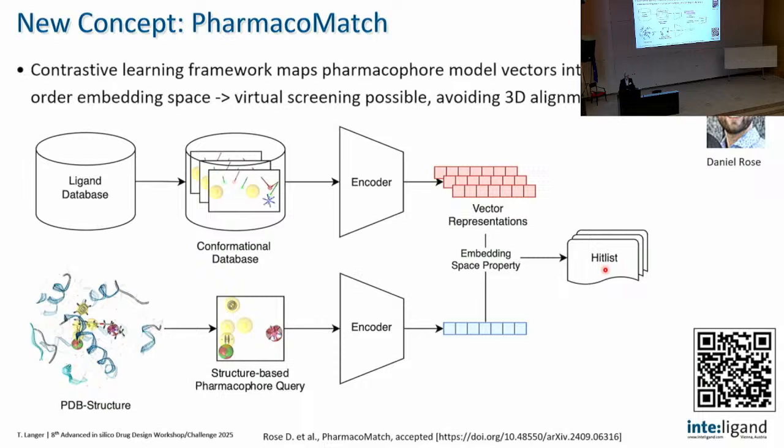So he had the idea to do the same thing, to create a ligand database, make a conformation analysis, and encode this into a vector representation. Then you have the pharmacophore model, of course, that comes again from an X-ray structure or from a ligand-based model, encode the same in a pharmacophore vector representation, and then use this embedding space property filter to find a hit list without alignment anymore.